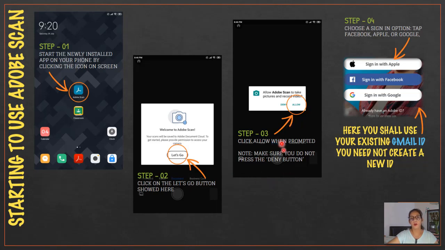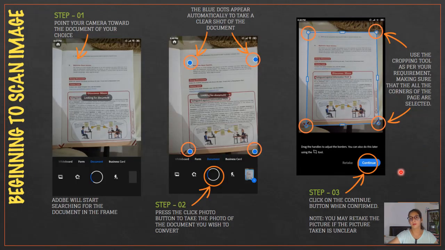Make sure you do not click on the Deny button. Choose the sign in option as Facebook, Apple or Google, or you can use your Gmail ID to sign in. No need to create a new ID. Once started, it is as easy as using a camera to take a photo. No rocket science involved in that, right?